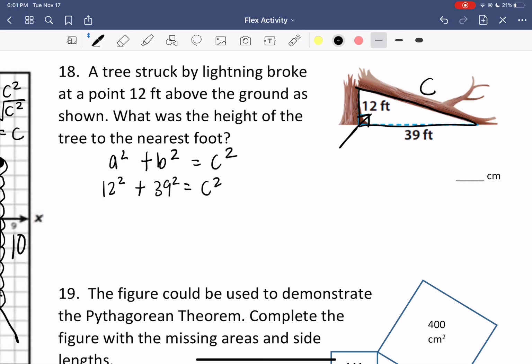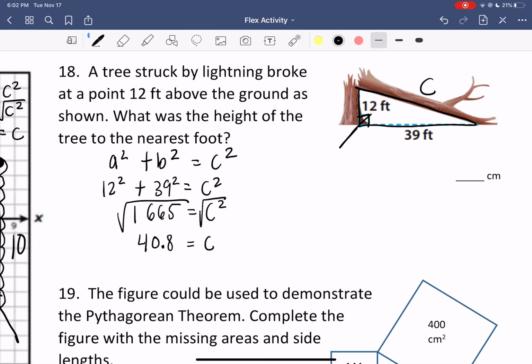So if we have 12 squared plus 39 squared, we get 1,665 equals c squared. And then we're going to take the square root of both of these numbers. So on the right, we get c, and the square root of that number will be 40.8.